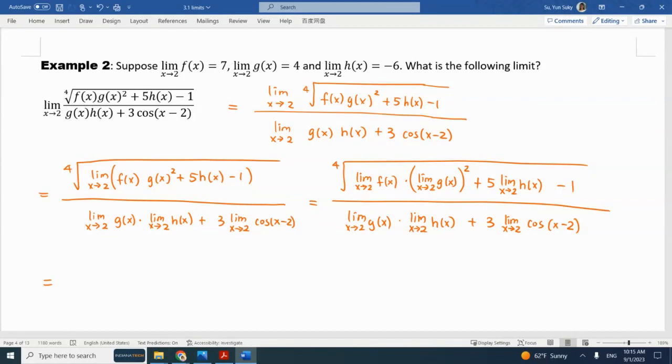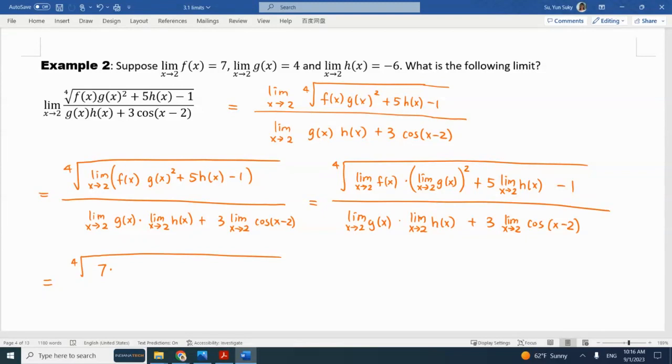What's the limit of f? Look at the problem. What's the limit of f when x goes to 2? Limit of f is 7, right, everybody? We now can plug in. So we get the fourth root of 7.